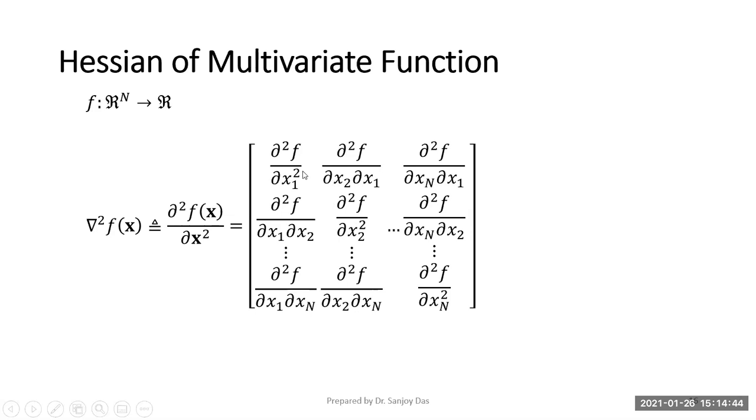And likewise, we go down the rows. The last row we have del square f over del x1 del xn, and the last element here is del square f over del xn squared. This is the definition of the Hessian of a multivariate function, del square f of x.